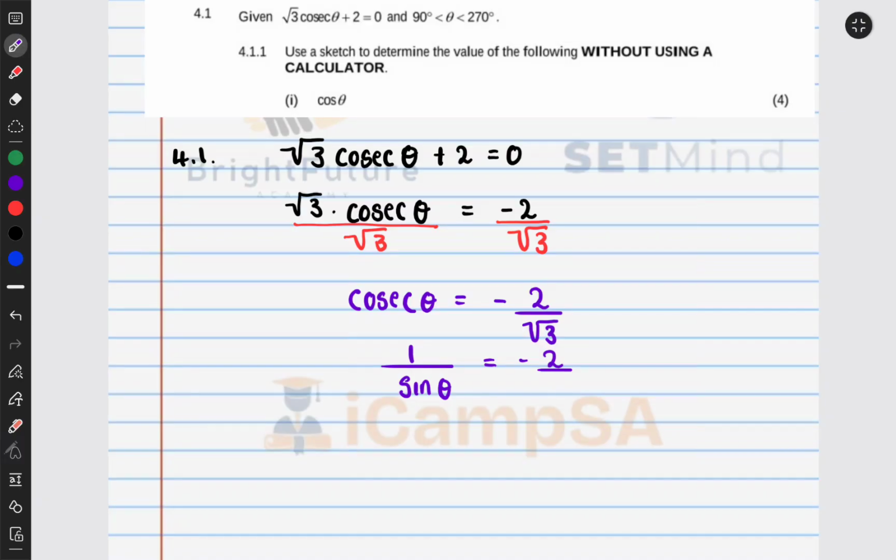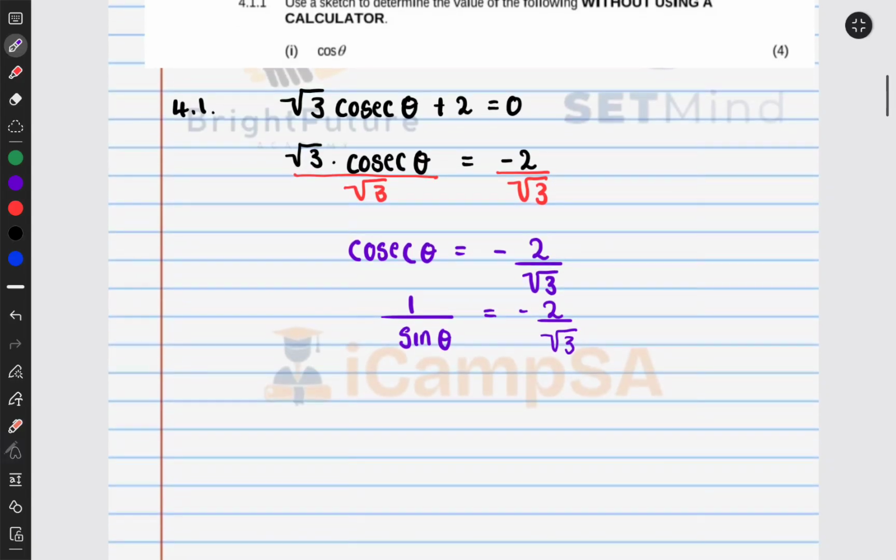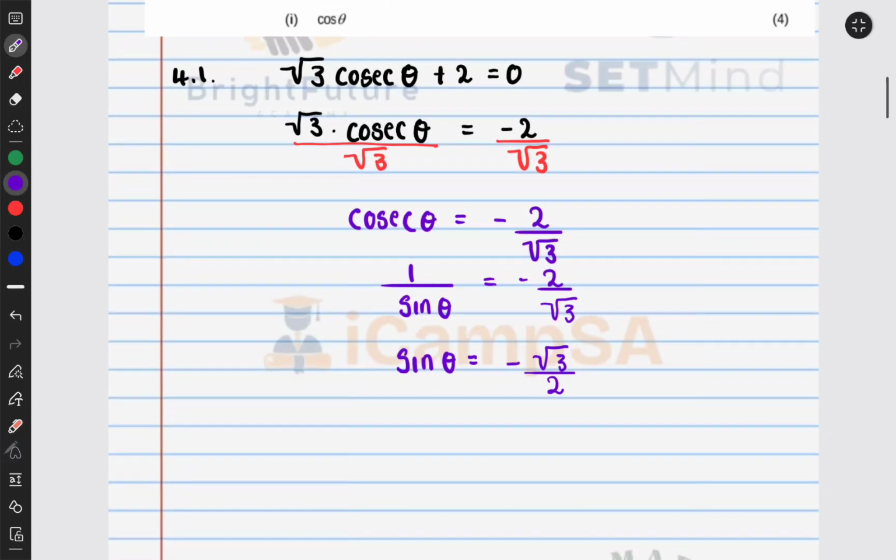Let's make sine theta the subject. You can do it by cross multiplication, or just swap the numerator and denominator on both sides. So in other words, sine theta is equal to negative root 3 over 2, and that is our sine theta.